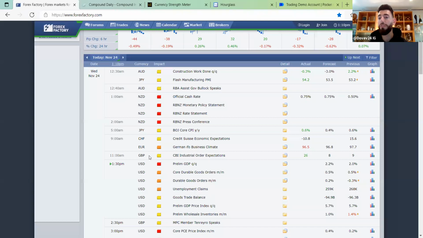Remember, we're looking for a pullback, for anything that spikes up. So if we can use these, then it's no problem, okay, guys? You don't need to be scared of red flags anymore. I made sure that I worked it out for you. That is what we always look for in Forex Factory.